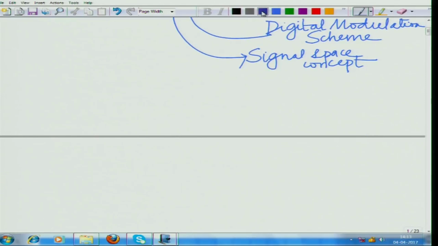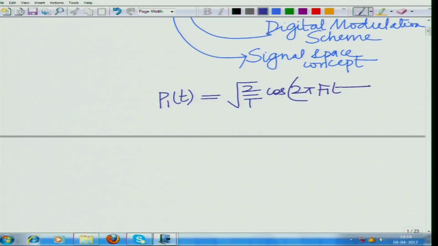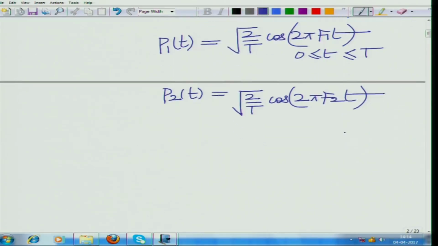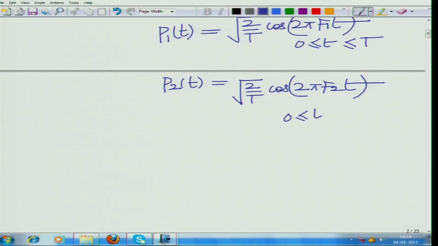So, let us again consider our two pulses: P1(t) equals square root of 2 over T cosine 2 pi f1 t, for 0 less than or equal to t less than or equal to T, and we also have P2(t) equals square root of 2 over T cosine 2 pi f2 t, for 0 less than or equal to t less than or equal to T.